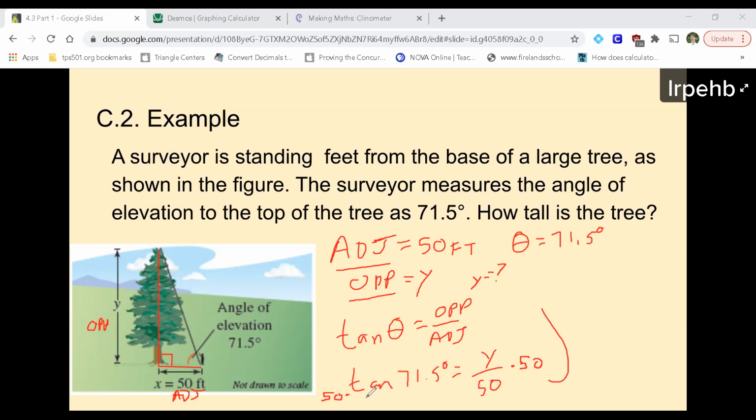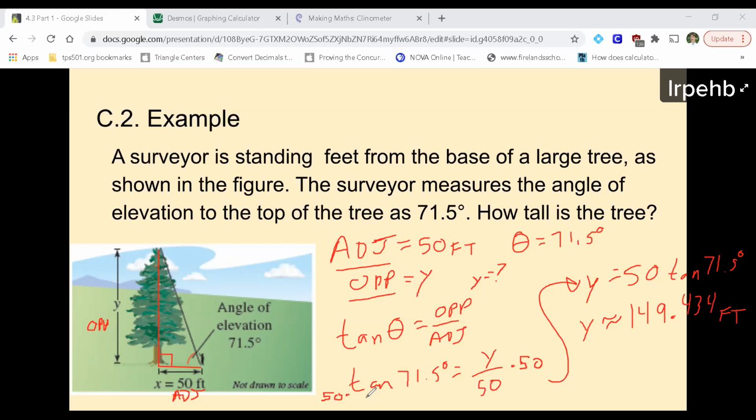You should then get that y is equal to 50 times the tangent of 71.5 degrees, which, if you type into your calculator, is about 149.434 feet.